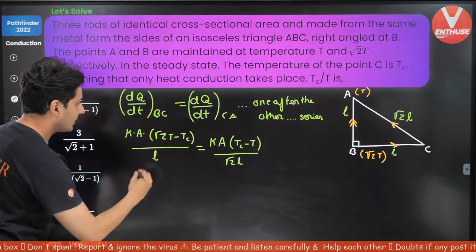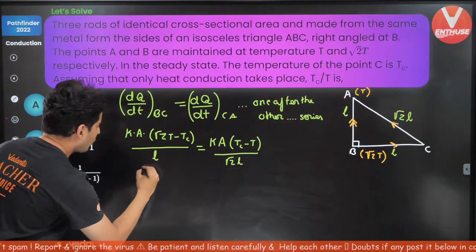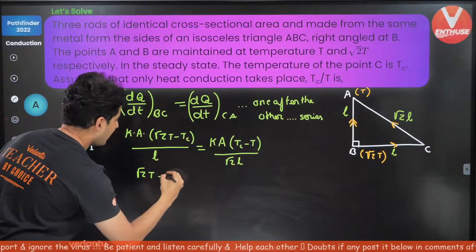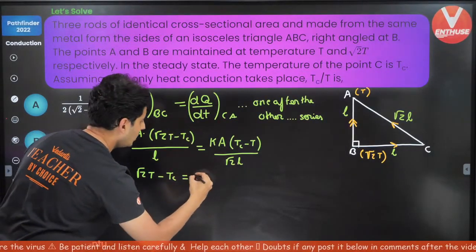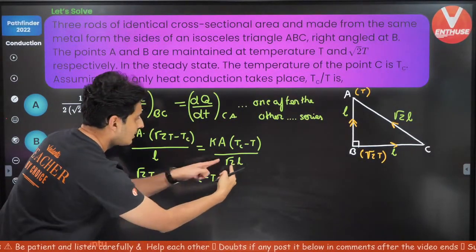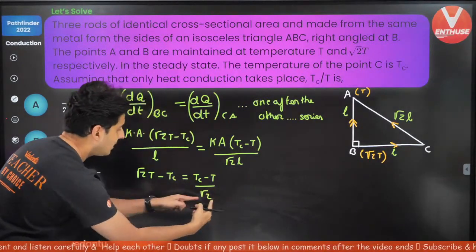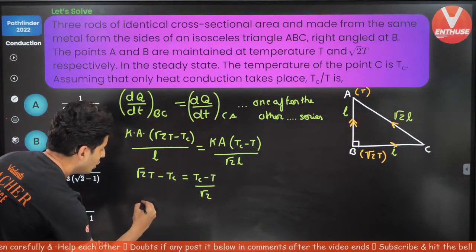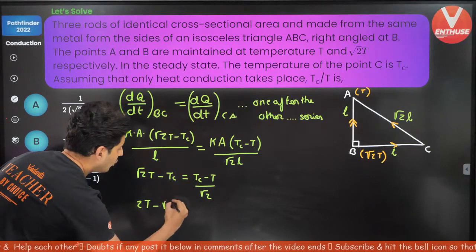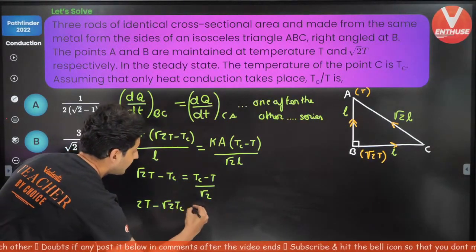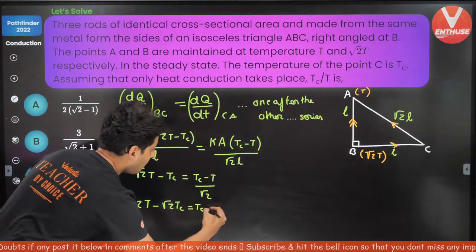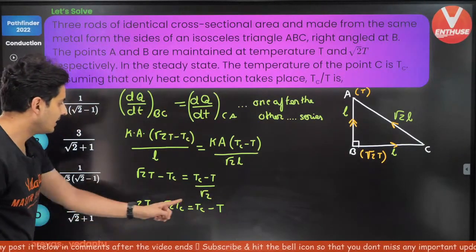Now let's see what we get. Okay, so I'll get root 2T minus Tc is equal to Tc minus T. This root 2 will just remain. Multiply it over here, you will get 2T minus root 2 Tc is equal to Tc minus T. Isn't that what you get?